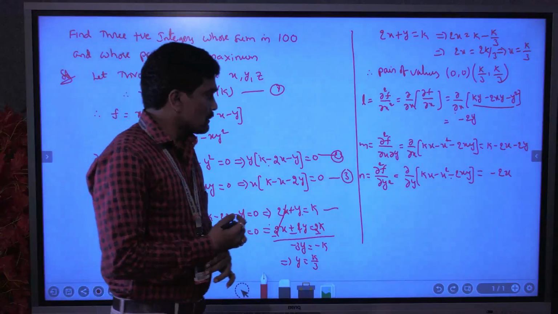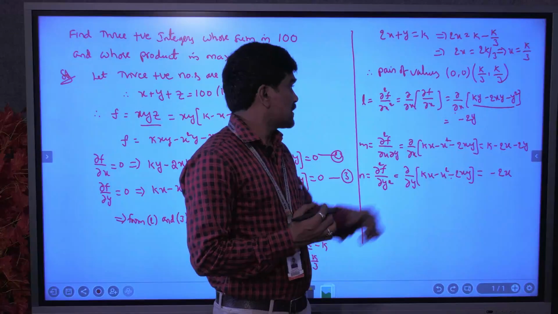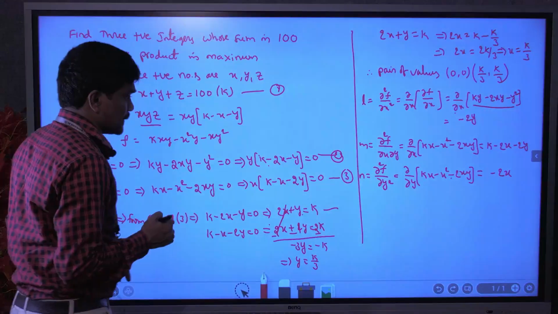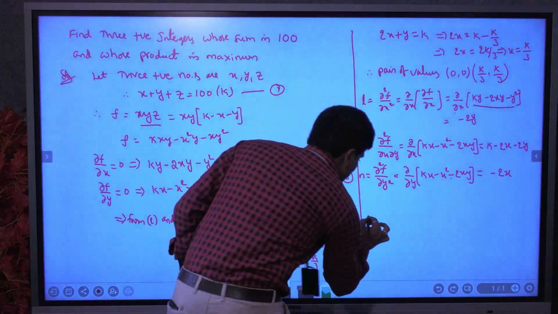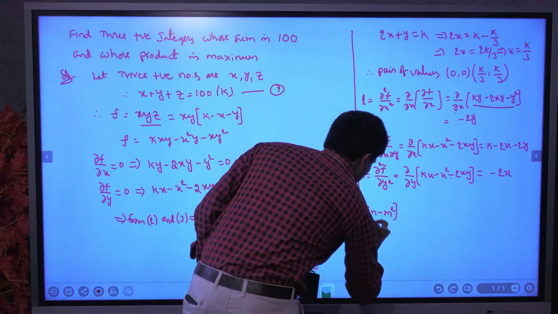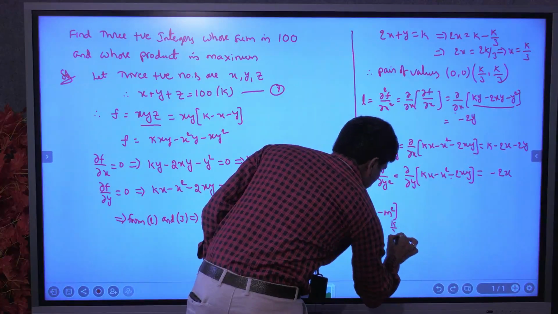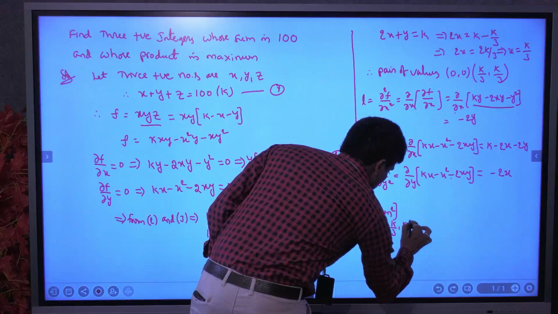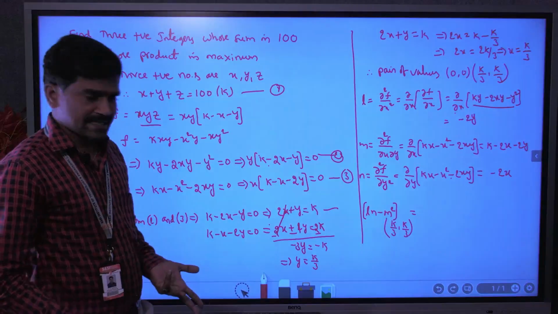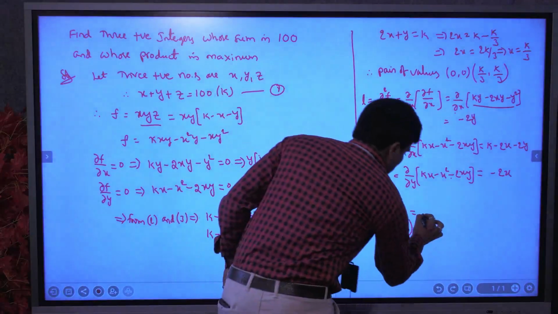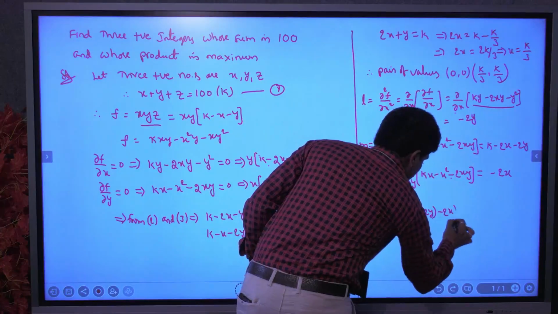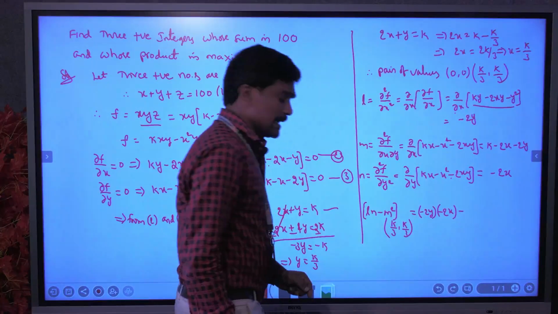Then next calculate ln − m² at a pair of values. Now write here ln − m². First of all calculate ln − m² at (k/3, k/3). Now write what is L, what is N. Here L is −2y, N is −2x, minus m².